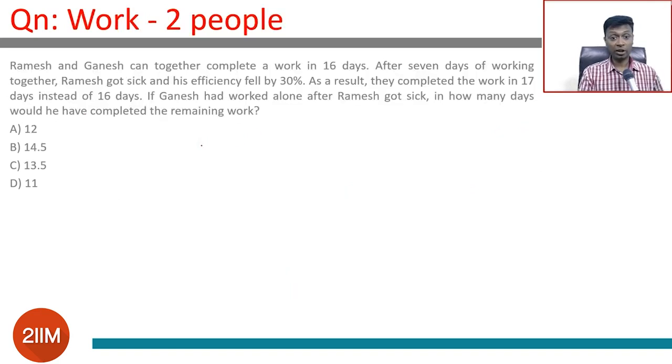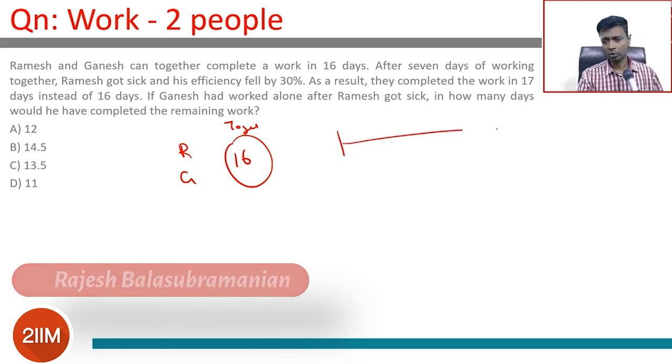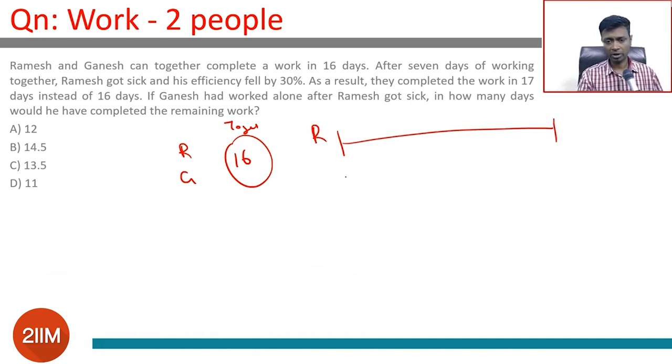Together complete a work in 16 days. Ramesh and Ganesh together can finish in 16 days. After 7 days of working together, Ramesh got sick. So it says Ramesh and Ganesh can finish this in 16 days. However, after 7 days, Ramesh got sick.